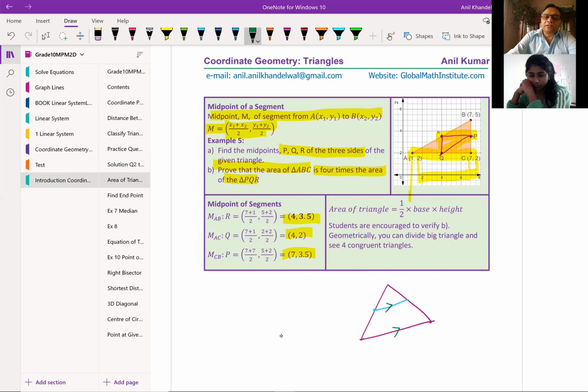So knowing that this is the midpoint of AB, and this is the midpoint of AC, for example, this is A, this is B, and this is C. So one question will be, prove that these lines are parallel. That means you use this formula, find the midpoint, and then the slope between these and BC has to be same. Is that clear to you?